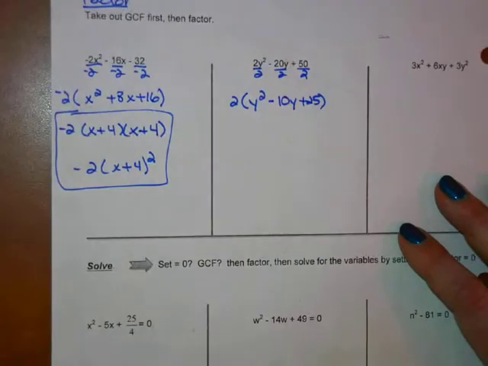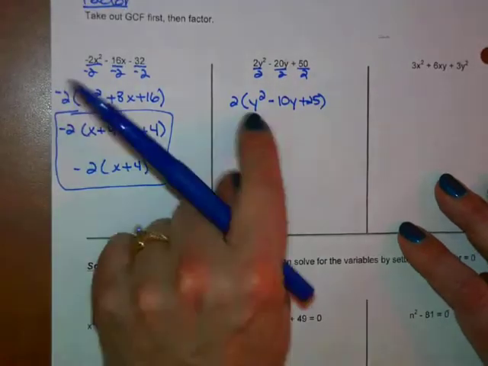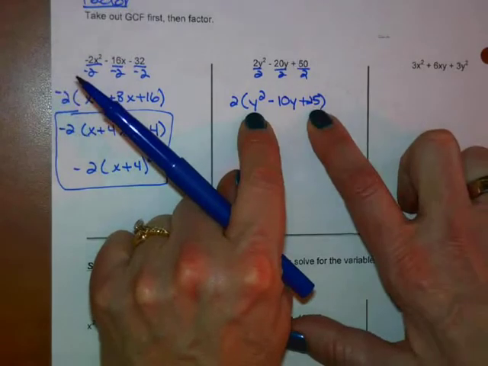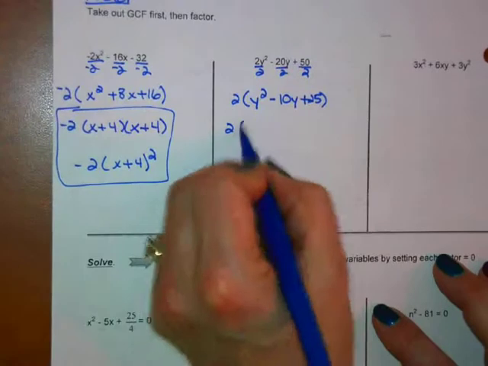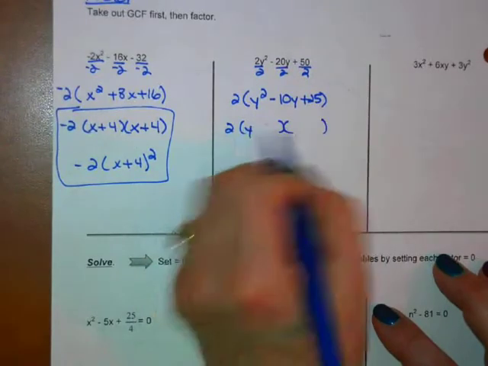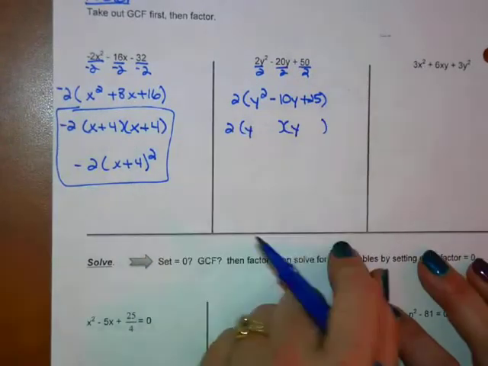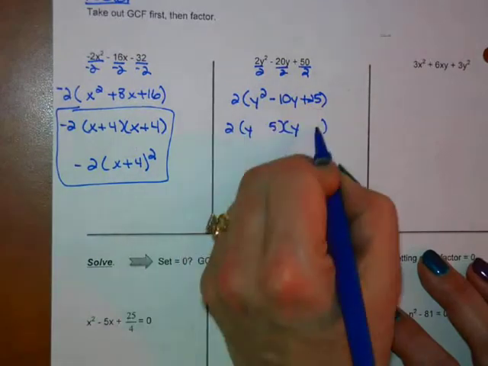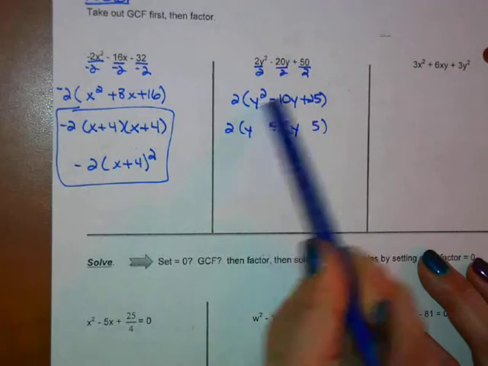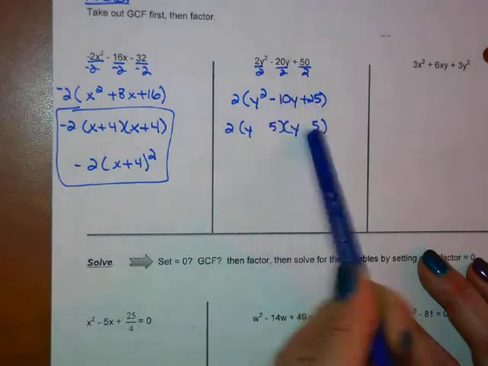You could jump in and do a box, or you could recognize again that this is a perfect square and that's a perfect square. I can square root both of those. So I'm going to just set up my binomials. What's the square root of 25? Now stop a second and say, oh, wait a minute, it's a minus and a plus, so inside here I have to do what?